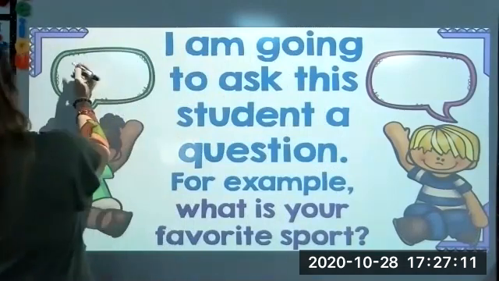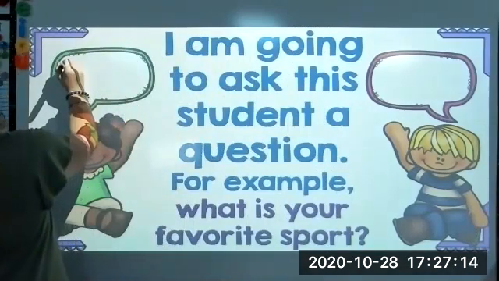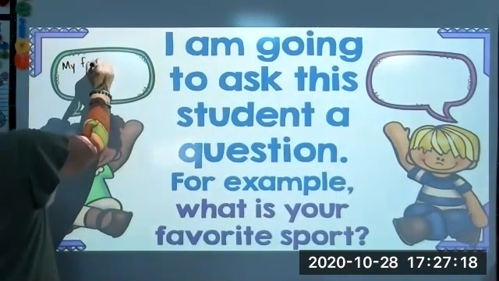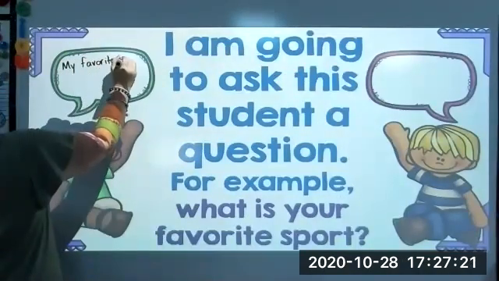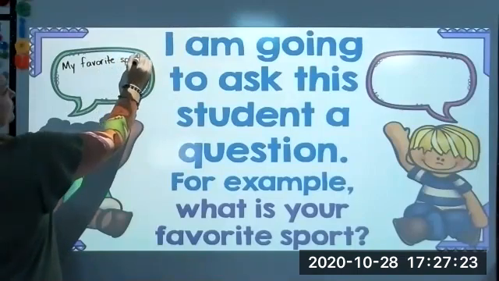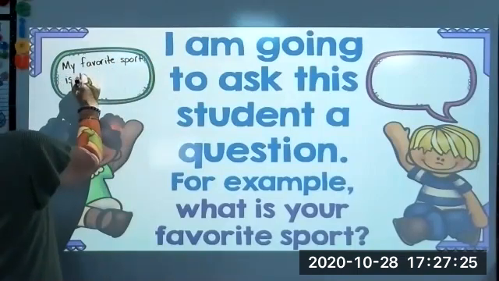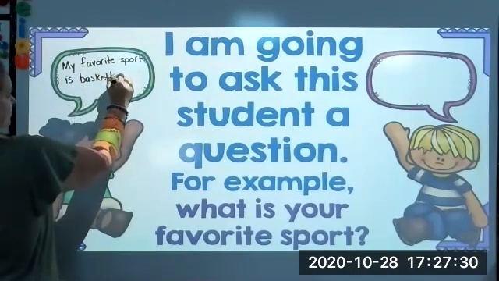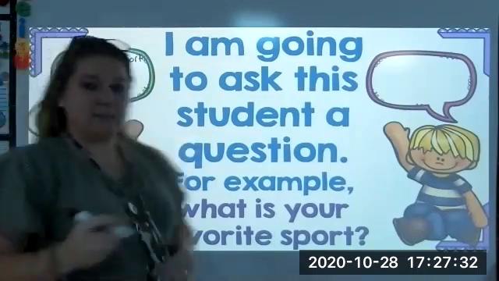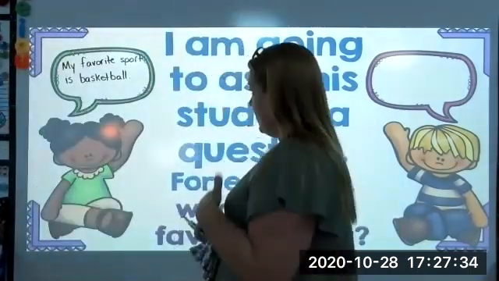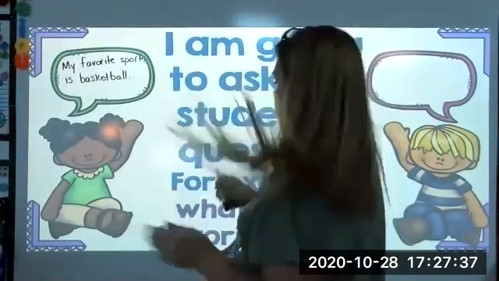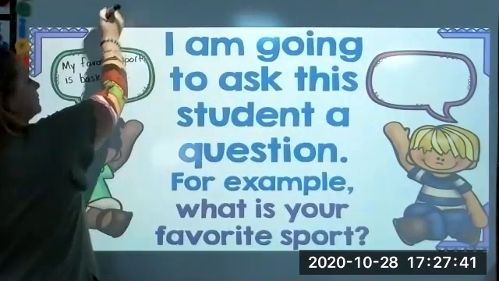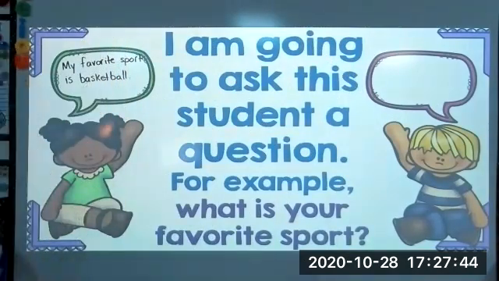Okay. And a whole sentence, please. My favorite sport is basketball. Okay, so that is the part that Caitlin said. If I'm writing this down somewhere, I would write it like this. Let me make sure you can see it.